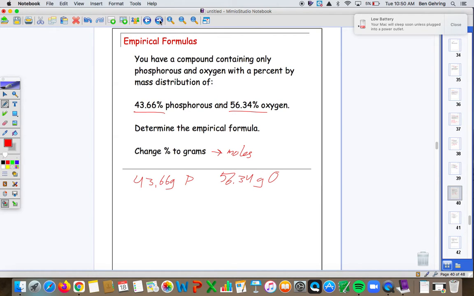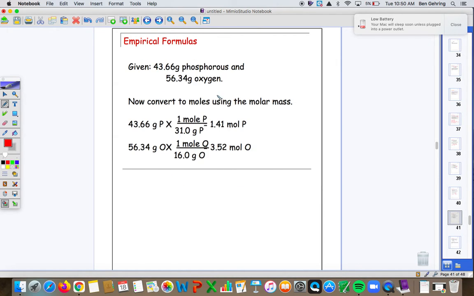Remind yourself how we do this. Now we have to convert into moles using our molar mass. So 43.66 grams of phosphorus divided by 31 grams per mole of phosphorus, same with 56.34 divided by 16. We're going to get 1.41 moles of phosphorus and 3.52 moles of oxygen. So we went from grams to moles. Next step is going to be to divide by that smallest number.